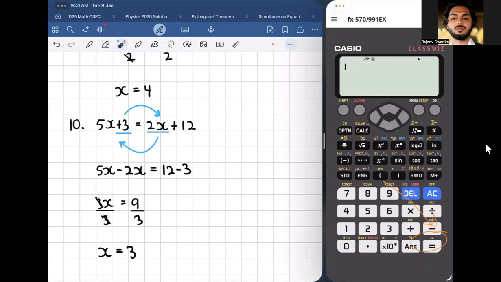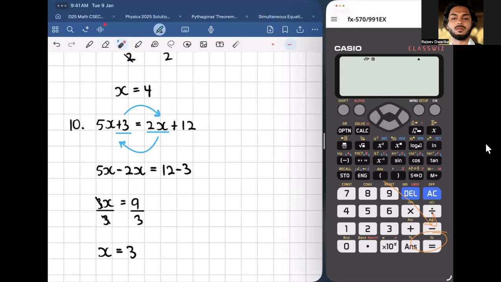Tell me if you know or not. If any of you know how to prove if x is equal to 3 is correct, tell me. But Vanessa, think.